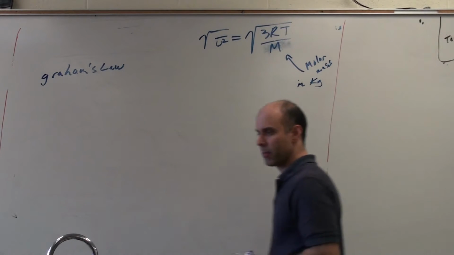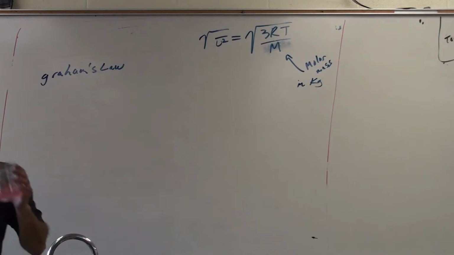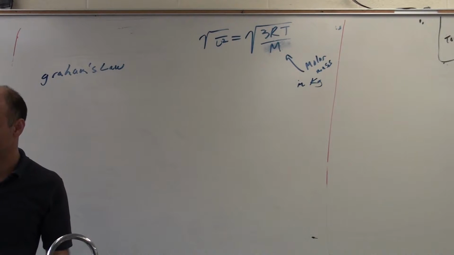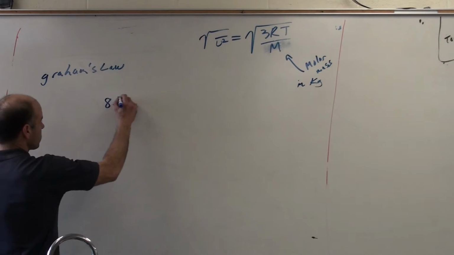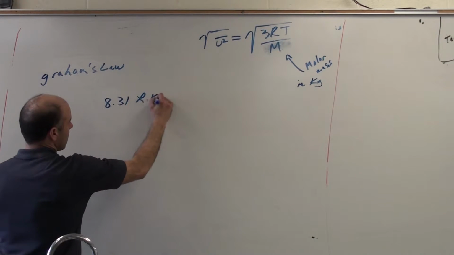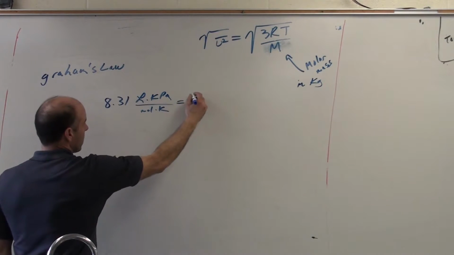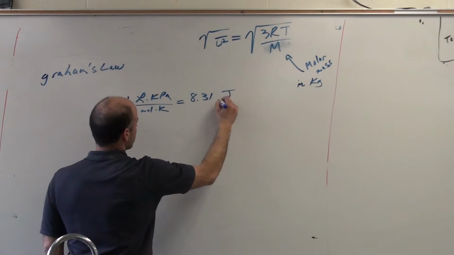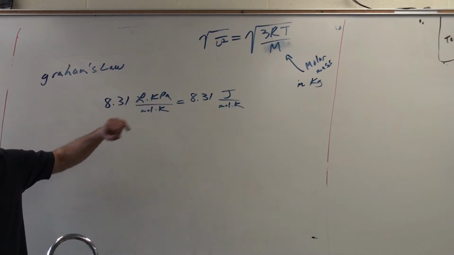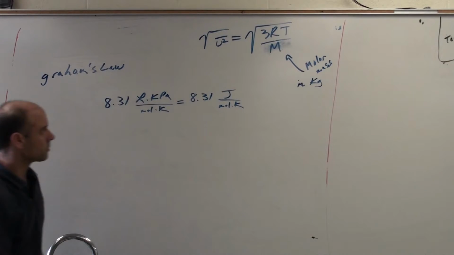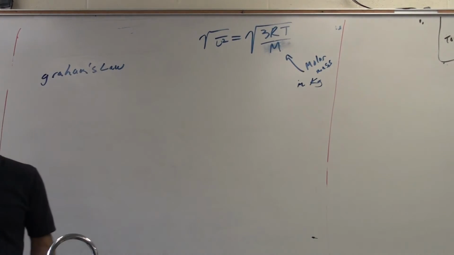When calculating KP, I think we have to use 0.0821. Is the 8.31 in kilopascals and joules? 8.31 is joules per mole Kelvin. The other is liters kPa per mole Kelvin. But this is equal to 8.31 joules per mole Kelvin, because a liter times a kPa is a joule. Oh, sorry. Yeah.